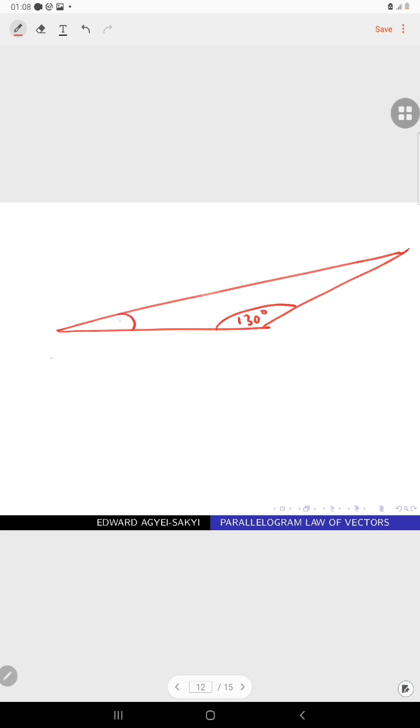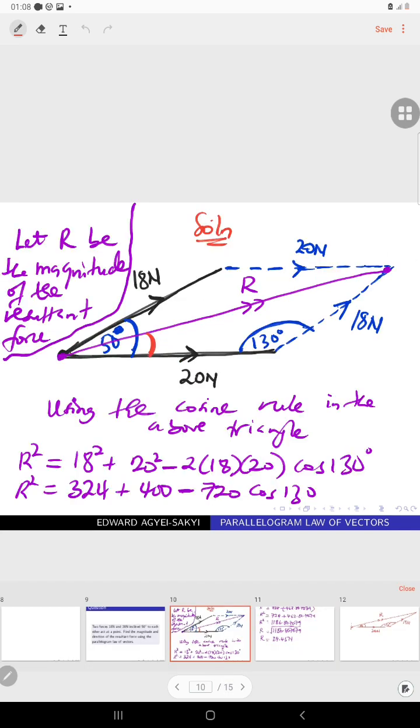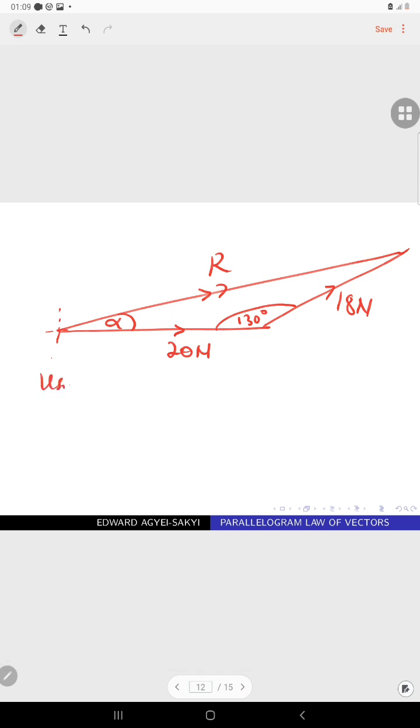Of course, this is where I've put alpha. Our R is going this way. This is our 20 newtons, 18 newtons. So what do we use? We use the sine rule.